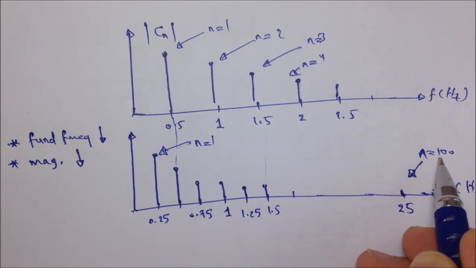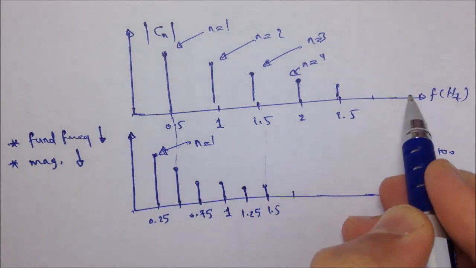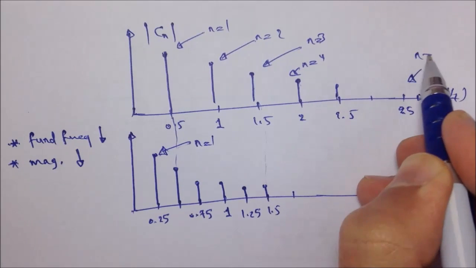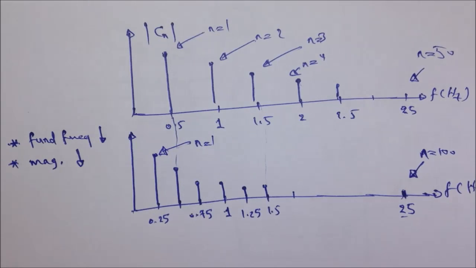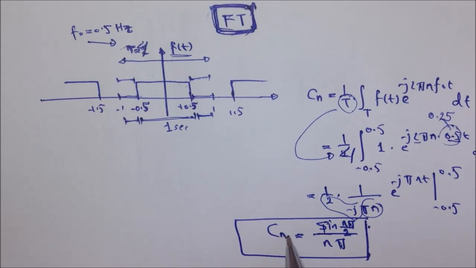So you substitute n equals 100 to get the magnitude of the component that has 25 hertz frequency. Well, in this spectrum, to find the magnitude of this component, you need to substitute n equals 50. And it's pretty much obvious that C sub n is inversely proportional to the index of harmonics.